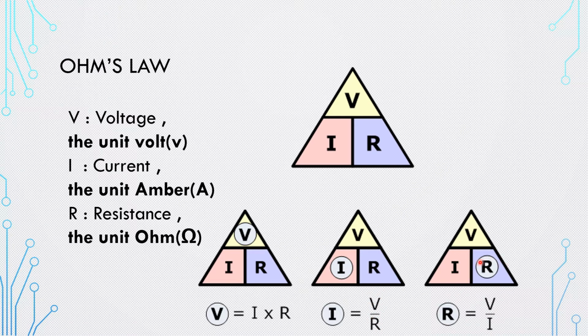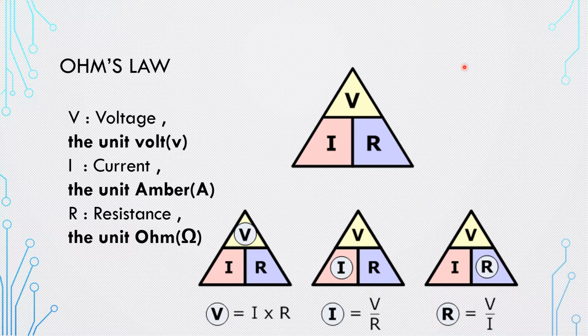If you know the voltage and the current for a resistor and you want to know its value, then just cover the resistor to find the relation that will help you to find the resistor.